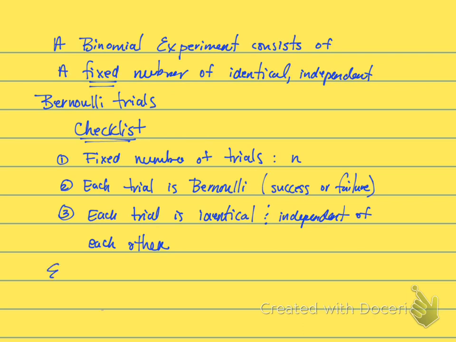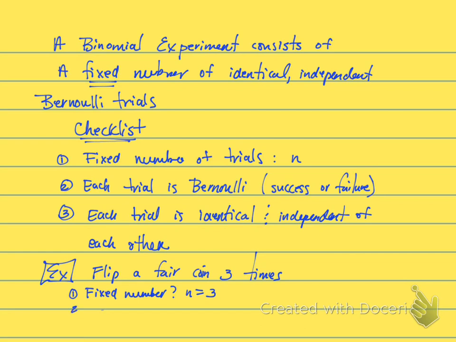So an example, let's say we flip a fair coin 3 times. Let's go through our checklist. Fixed number of trials? Yes. n is equal to 3. I'm performing the same trial 3 times. Is each trial Bernoulli? That is, are there just 2 outcomes?